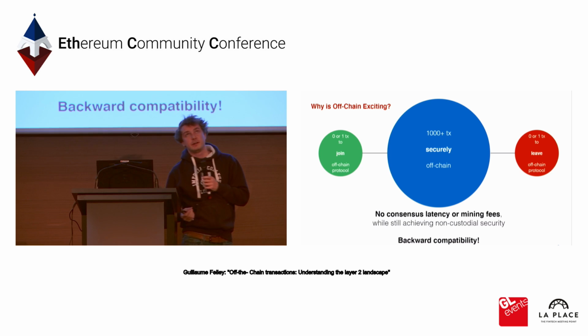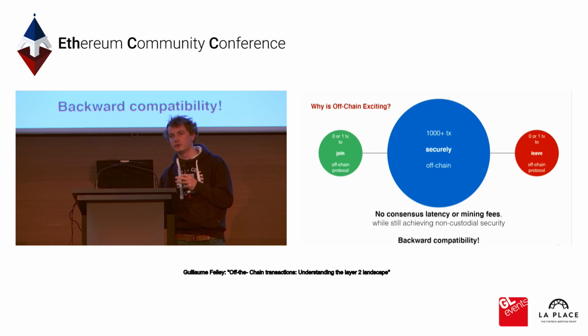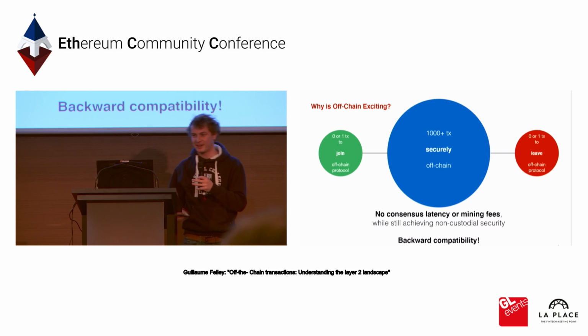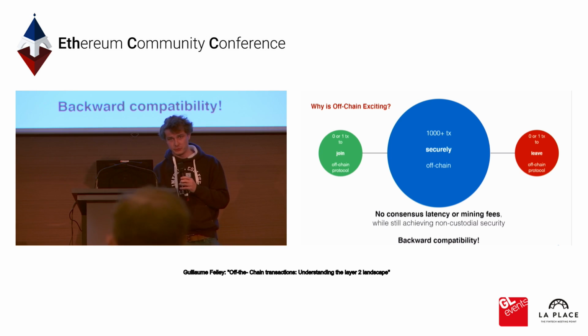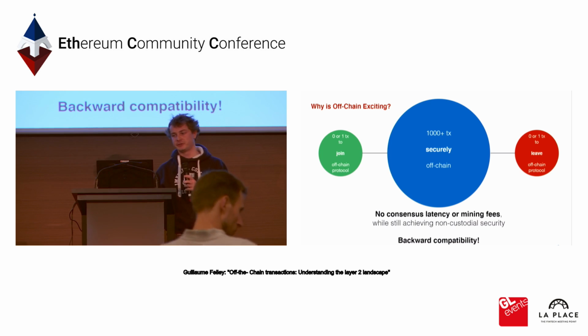Basically, you just need one on-chain transaction to join and one on-chain transaction to leave the network. But in between, you can do as many off-chain transactions as you want that are hopefully secure, and you don't have any latency, and you don't need to pay any fees to the miners.